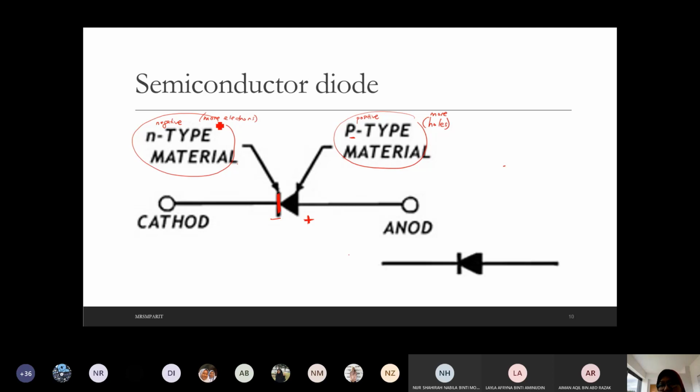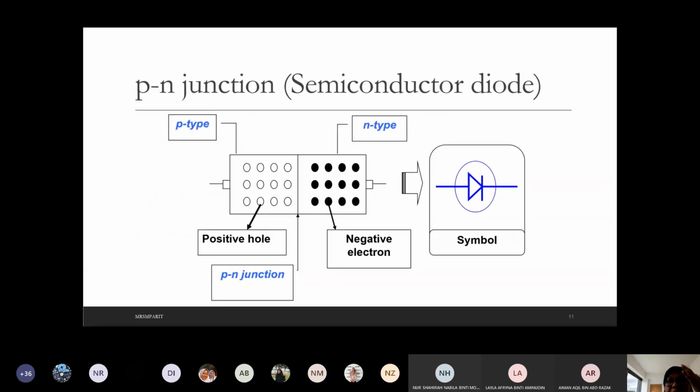Now, PN junction. So now the word junction. If we have P type and N type semiconductor, we can put them next to each other and then we will have a junction. So in between the two types we have a junction.